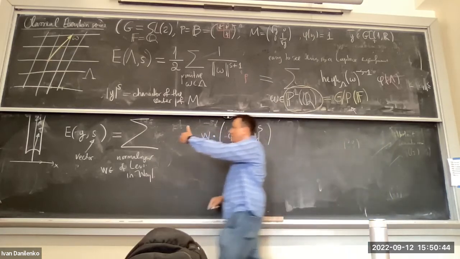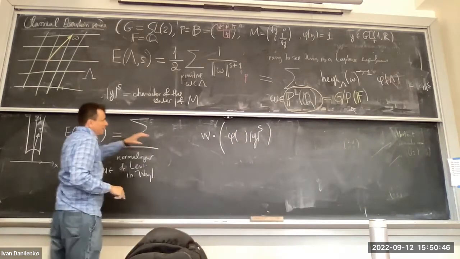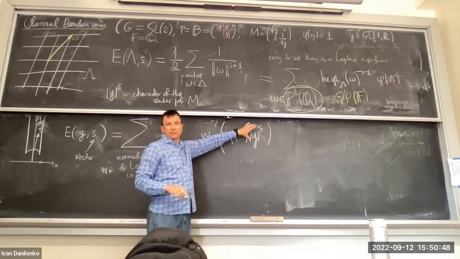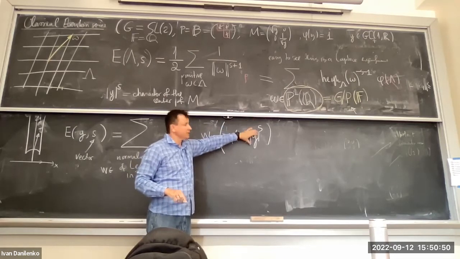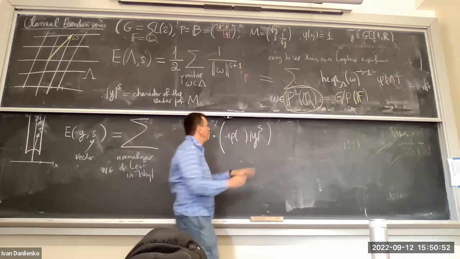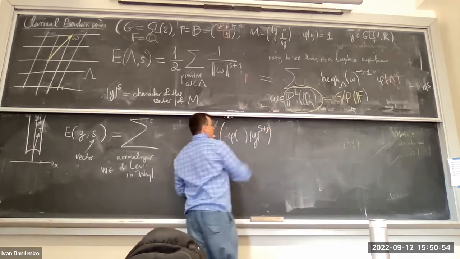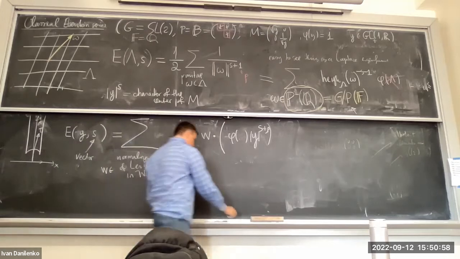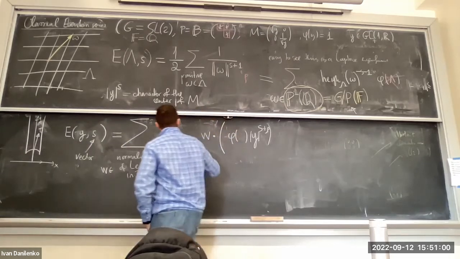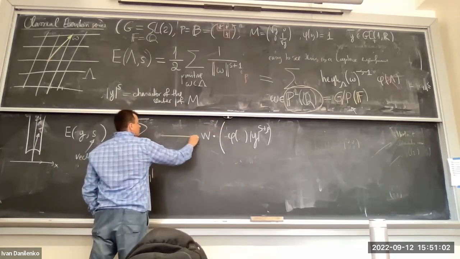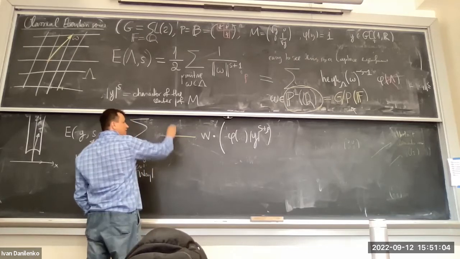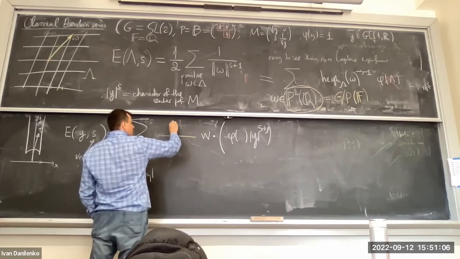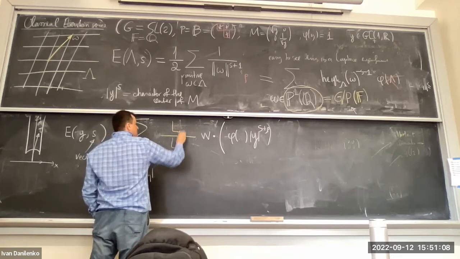Remember when we defined the Eisenstein series, there was a summation with some notion of time, something like that. And then here, some kind of coefficient that has to do with some general kind of ratio.